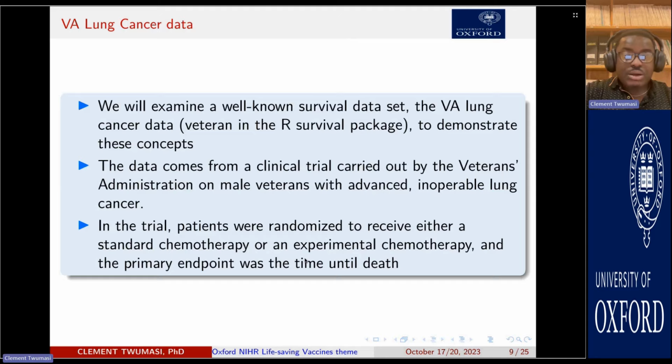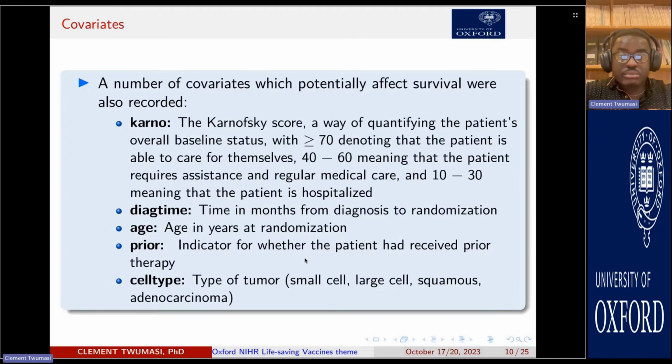So that is basically the summary of the data. We just talk about some of the covariates or predictors that they collected in the data. You see a variable called Karno, which is the Karnofsky score, which quantifies the patient's overall baseline status.